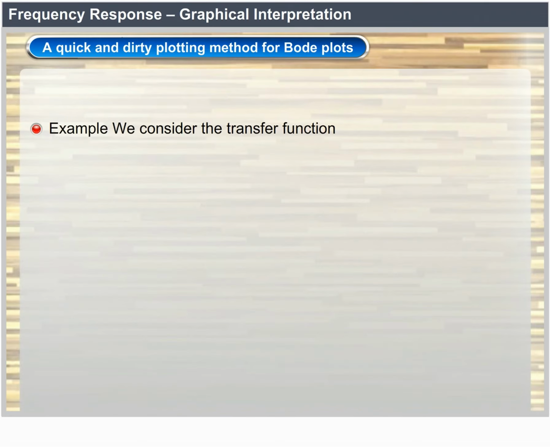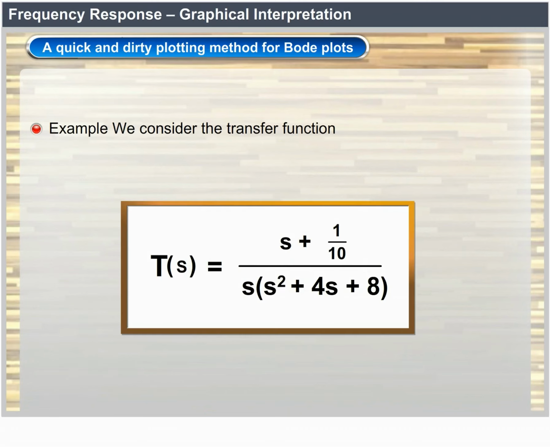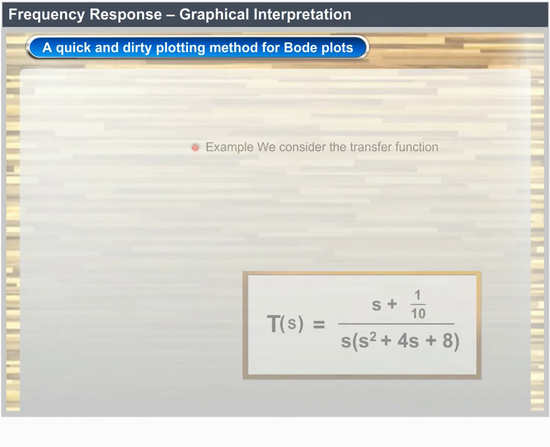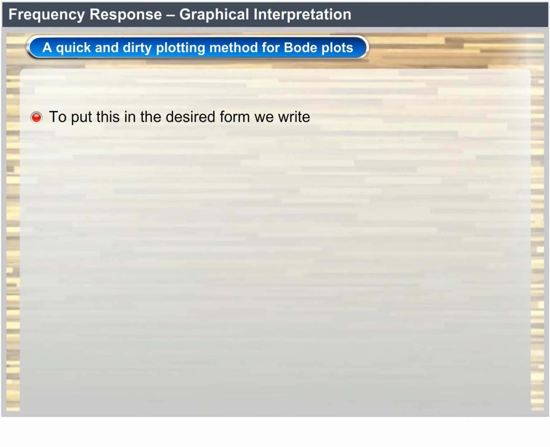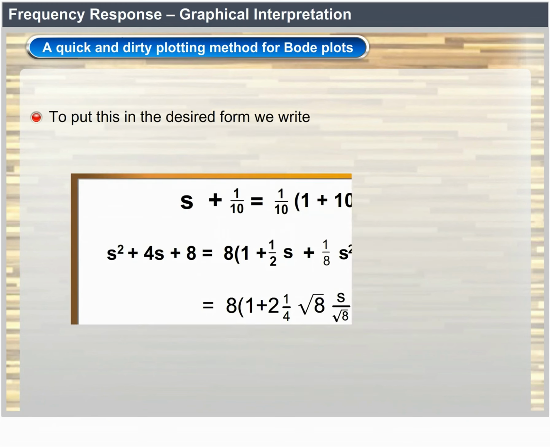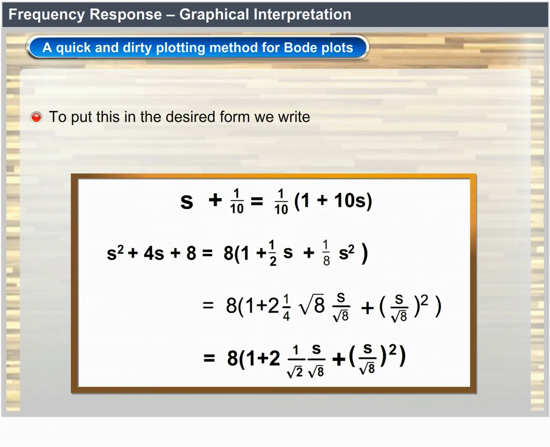Example. We consider the transfer function T(s) = (s + 1/10) divided by s(s² + 4s + 8). To put this in the desired form, we write s + 1/10 = 1/10 × (1 + 10s).